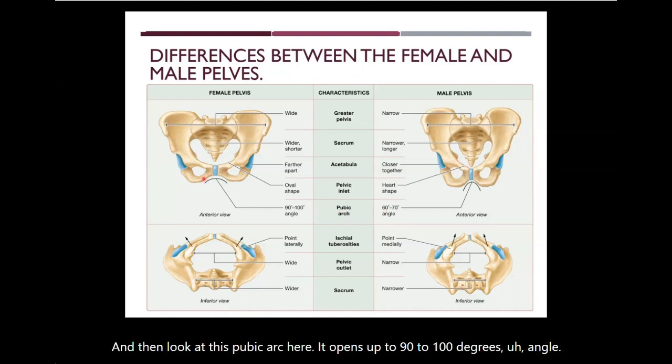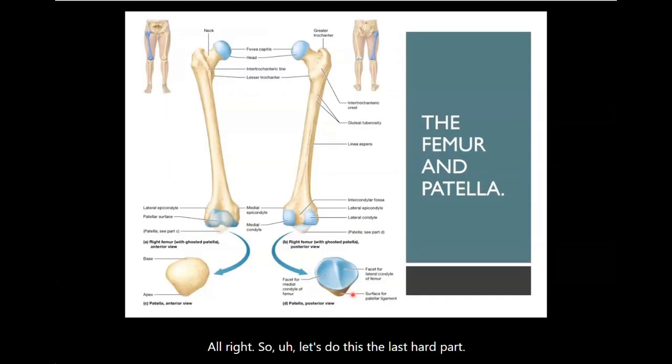And then look at this pubic arch here. It opens up to 90 to 100 degrees, and this goes up to 60 to 70, right? And all of this is, again, because the structure defines the function. All right. So let's do the last hard part, and then we're going to cover the joints.